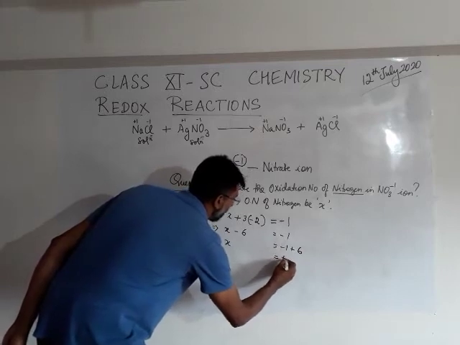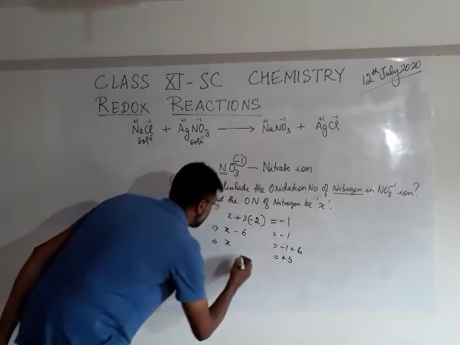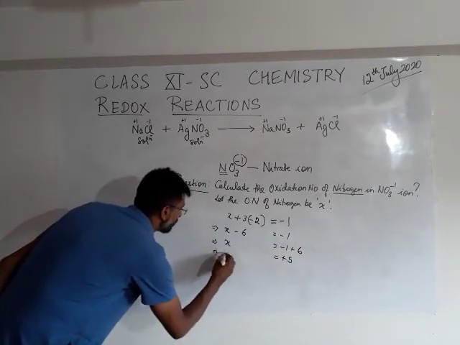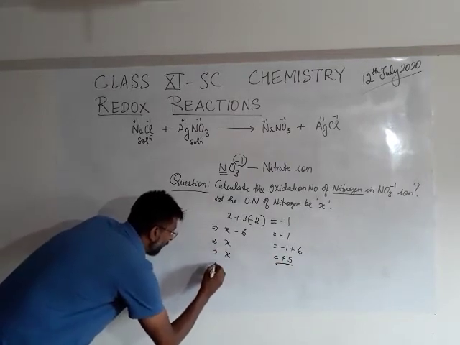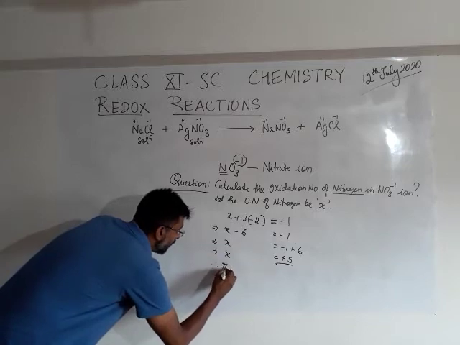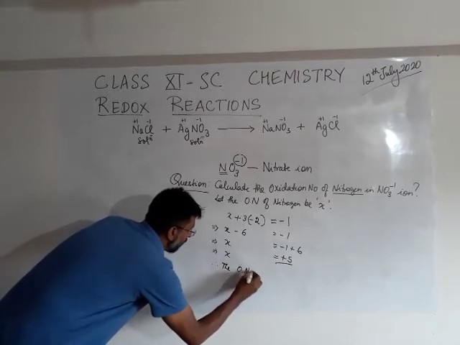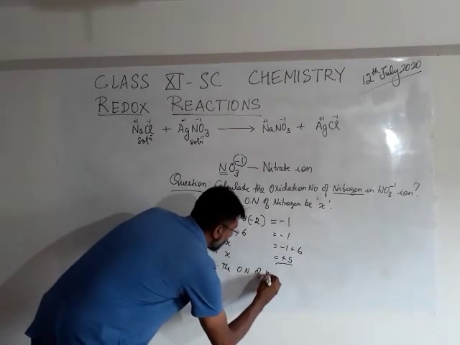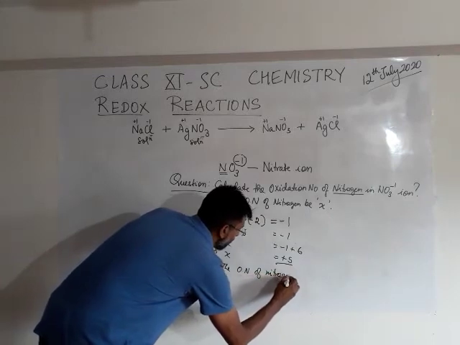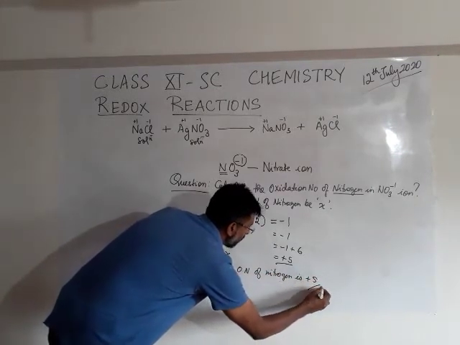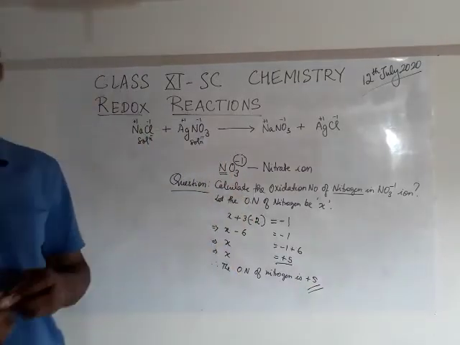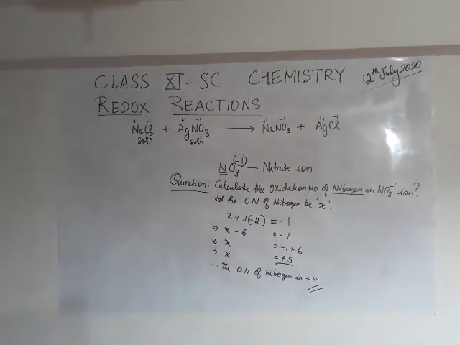So I am getting plus 5. So the oxidation number is coming to plus 5. So I must write the answer in this way. Therefore, the oxidation number of nitrogen is plus 5. Okay? So this is the first example which I have explained to you just now.